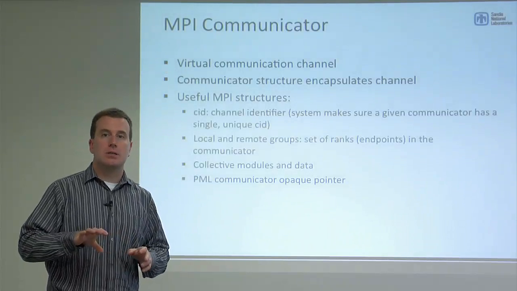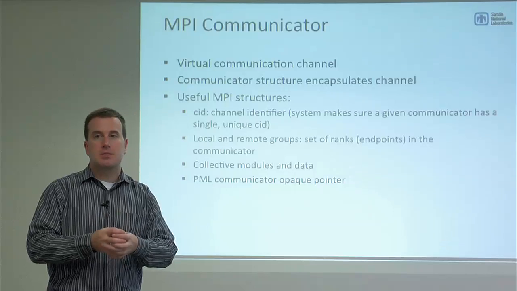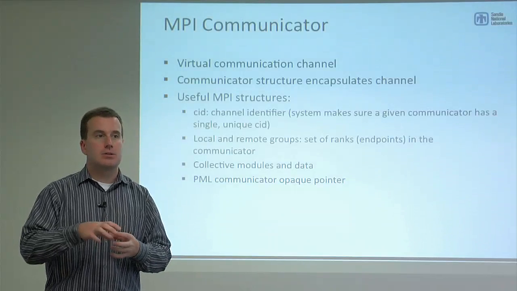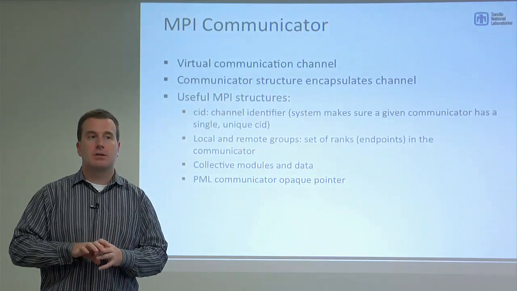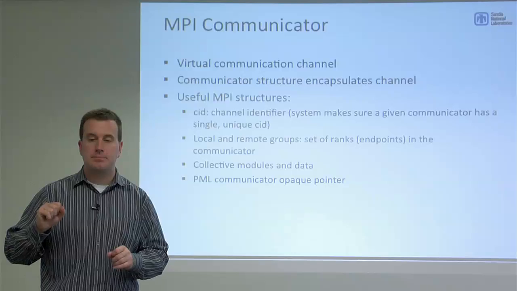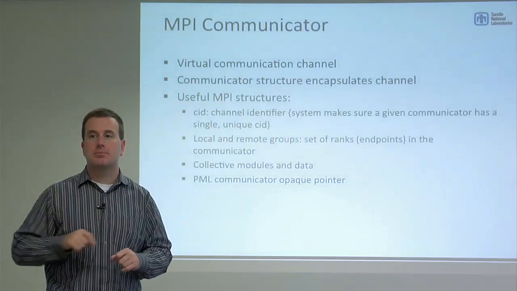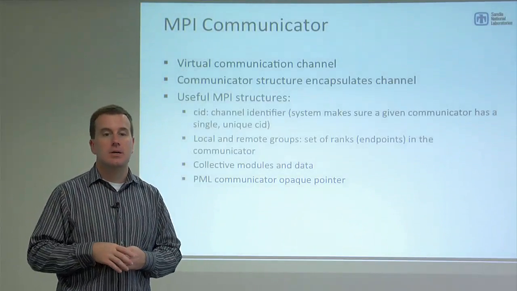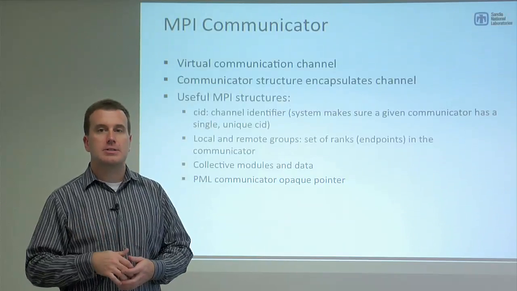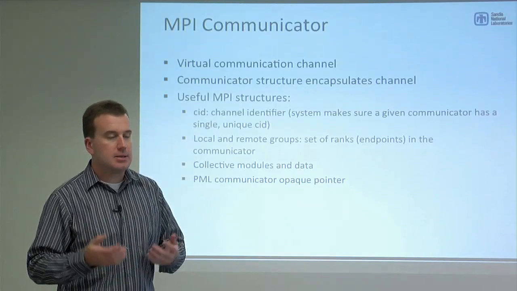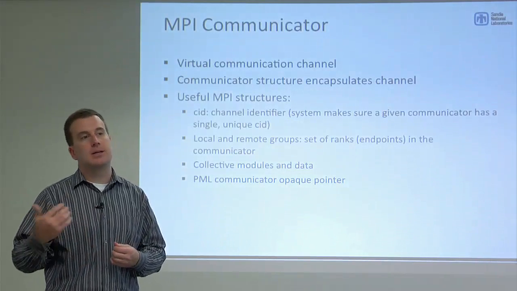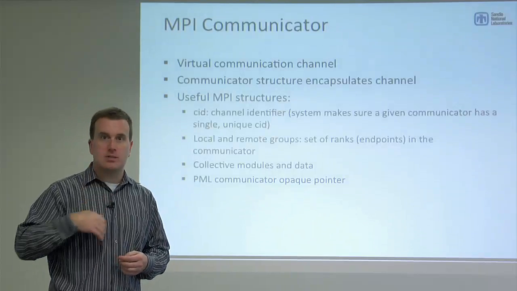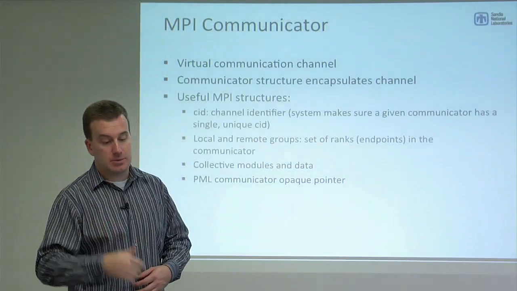If the communicator only has processes on the same shared memory node, we're going to use a different collectives algorithm than if there's one MPI task per node across the entire system. Those are cached on this communicator structure. And then the PML gets to store things about a communicator on the communicator, and we store some useful information there we'll talk about later.